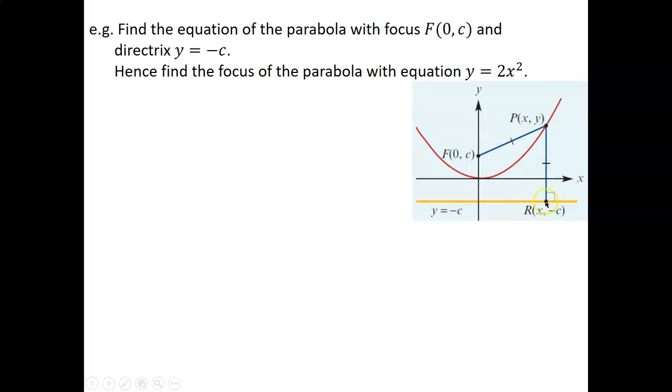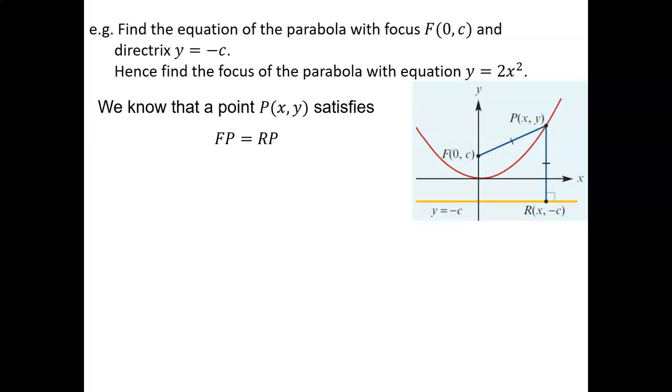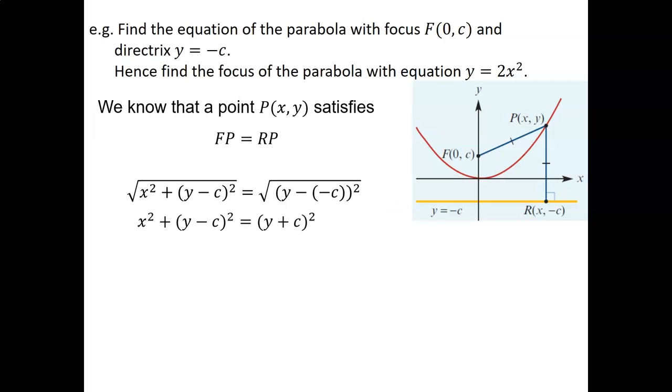My directrix is at y equals -c. So I know that FP equals RP, and I can substitute the coordinates into the distance formula. I can square both sides, expand the brackets, and then simplify.